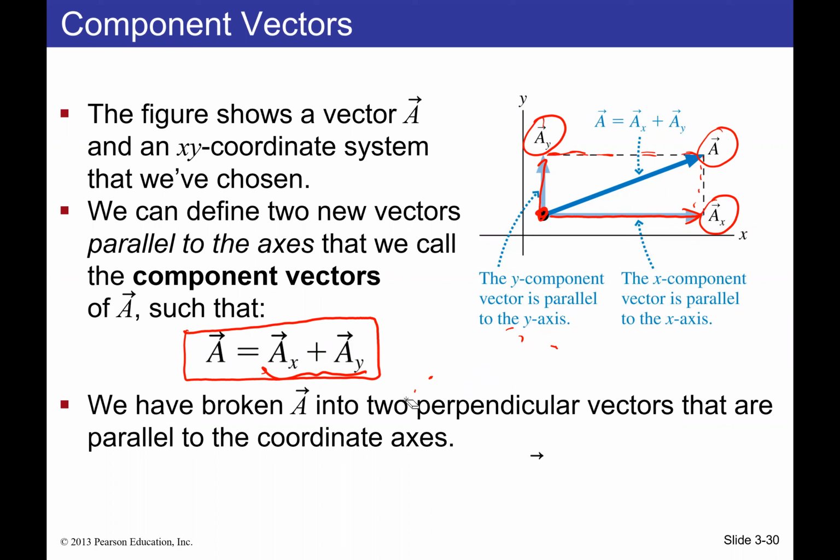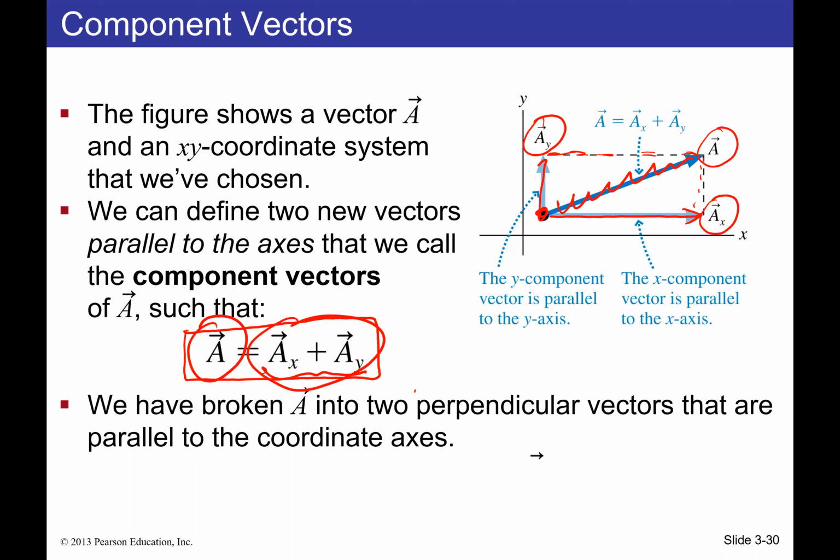This means that any two-dimensional vector can be replaced by the sum of its components. That's why we're saying that this vector alone is equivalent to the sum of its components. That means I can take AX and AY and replace vector A with those two.